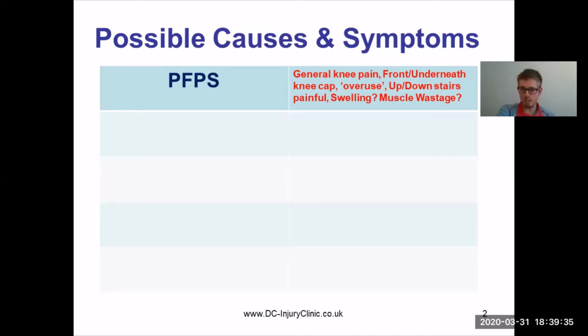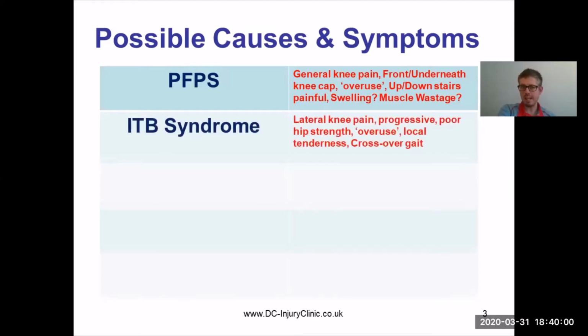How you would recognize it is, and there'll be a lot of crossover in a lot of these injuries, generally people would say going up or downstairs is hard. That there may be swelling, not always, and there may be muscle wastage, but again, not always. Generally, that's something that is a clinical symptom rather than someone walking in and saying, I can see that my thighs are wasting away.